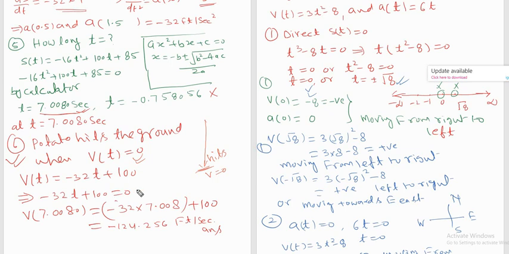Velocity is minus 32t plus 100. Put in the time at which it hits. Calculate it, and you will get the answer minus 124.256 feet per second. This is your answer of question number 6.